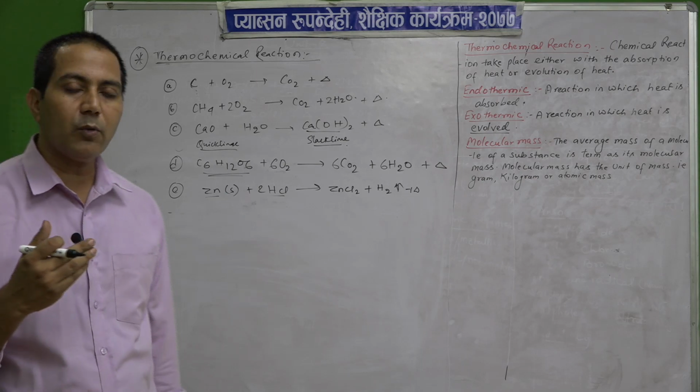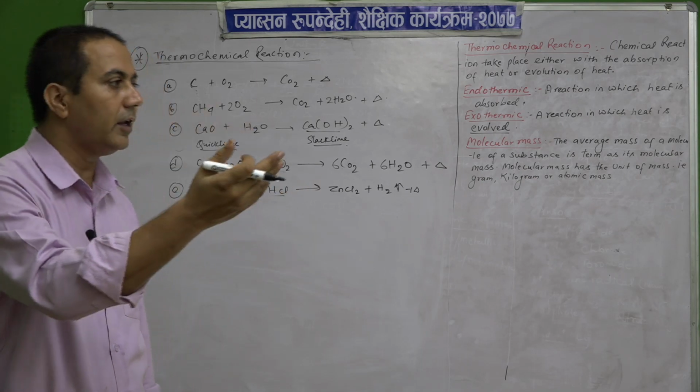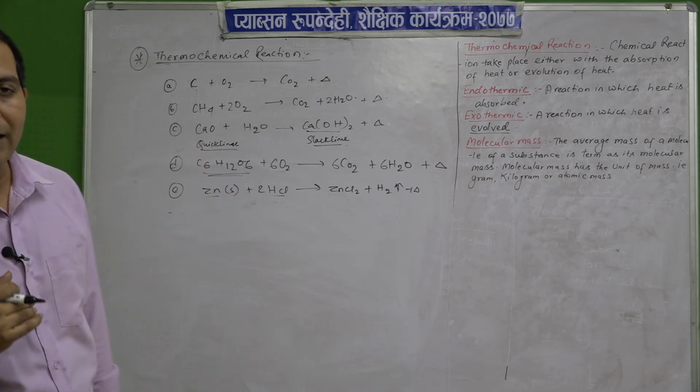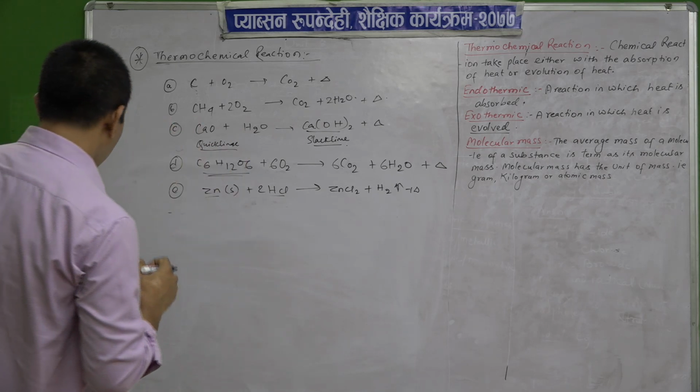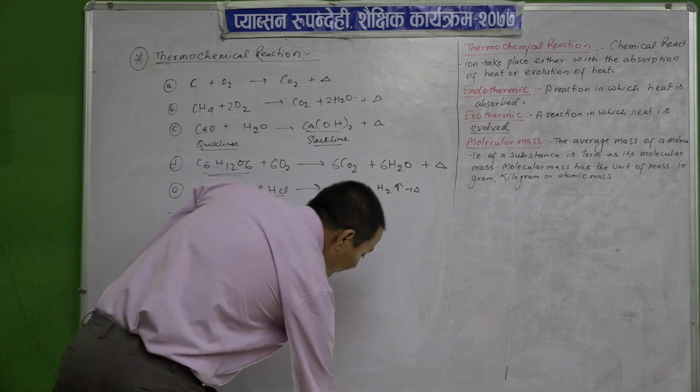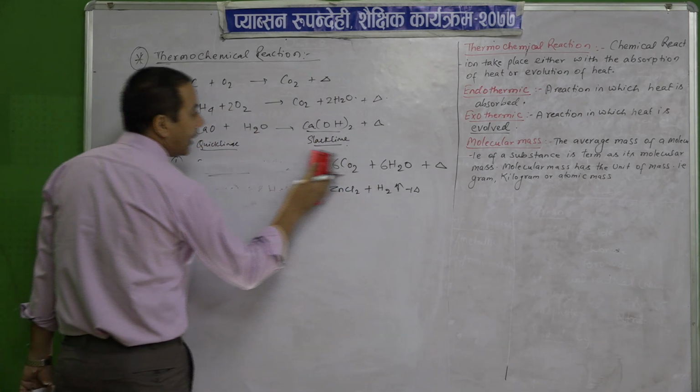In exothermic, energy is released, and endothermic means energy is absorbed. Okay. So these are the types of chemical reactions we have in our syllabus.